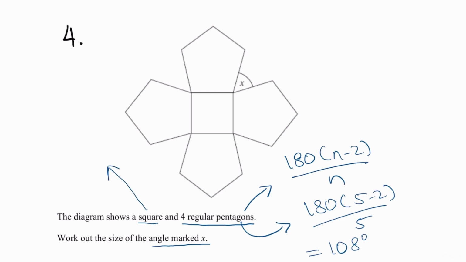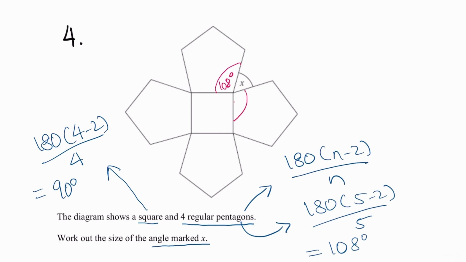The square would be 180(4 minus 2) divided by 4, which equals 90 degrees. So now we know the angle here is 108 degrees, and the angle here is also 108 degrees, and the angle here is a right angle, so it's 90 degrees.